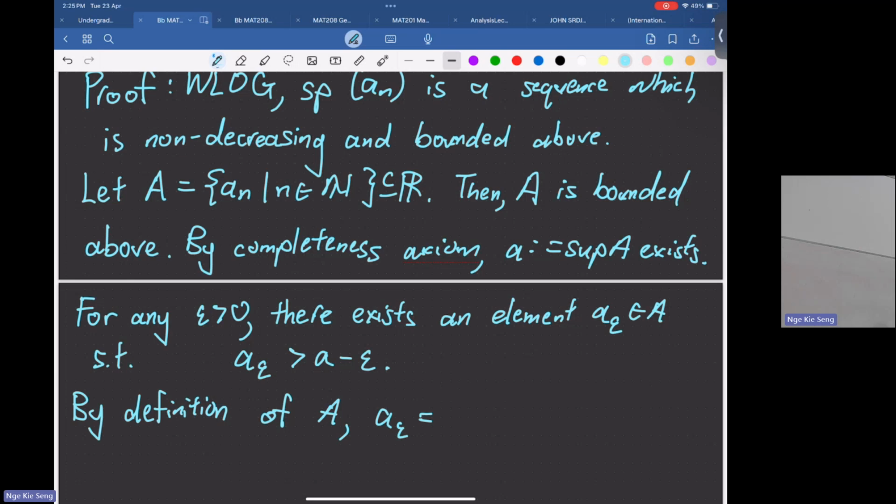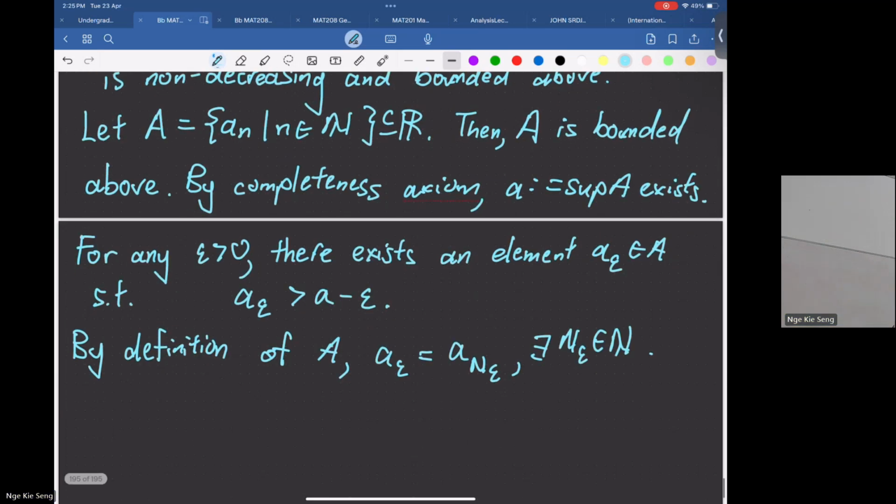A is a_1, a_2, a_3, and so on, so there's a capital N that realizes this number. I'm claiming that this will help me show the limit.